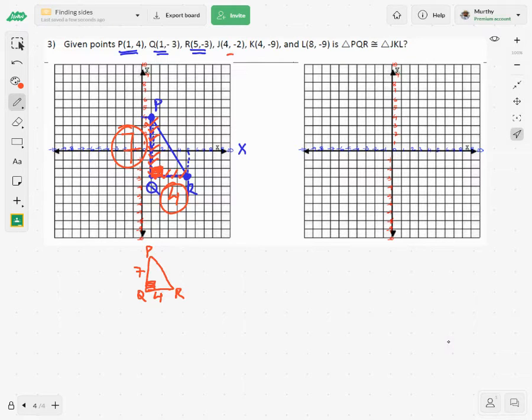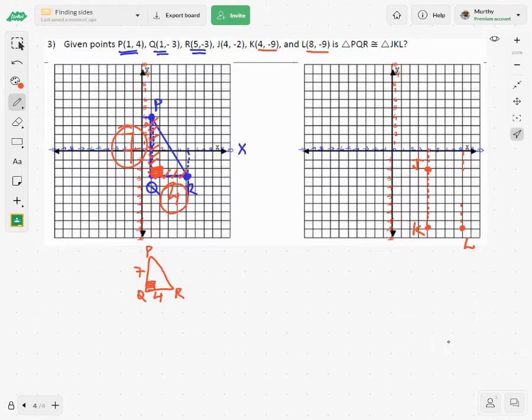On the other side, JKL, let's plot those points. J is 4, negative 2. 4 is here, negative 2 is here. This is J. K is 4, negative 9. L is 8, negative 9. So 8 is 6, 7, 8 and 9 is here.